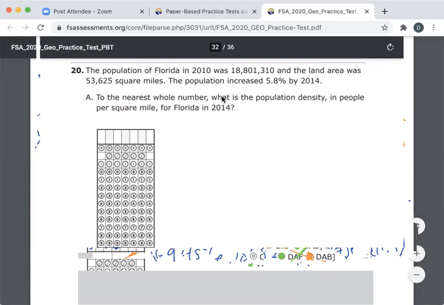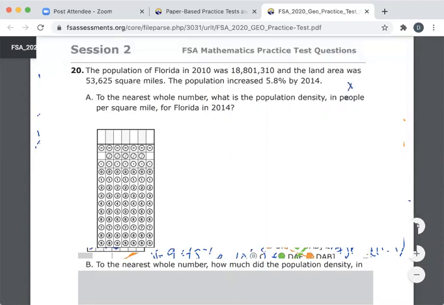So if it increased by 5.8%, I'm going to use my calculator and multiply it by 1.058 because the 0.058 is 5.8%, and the 1 is for like the original 100% of the population.